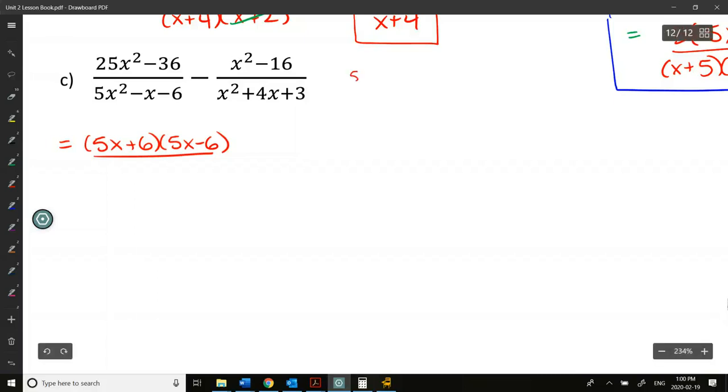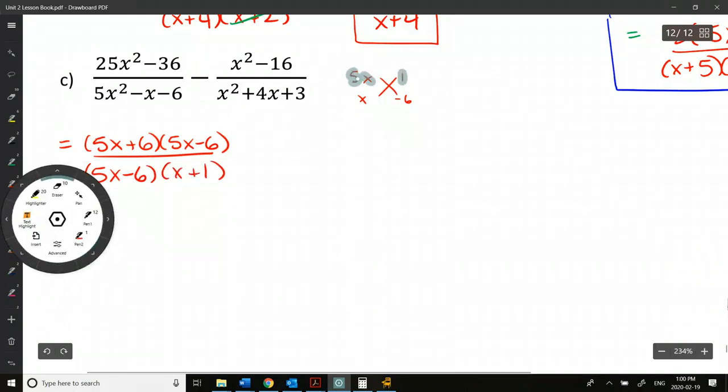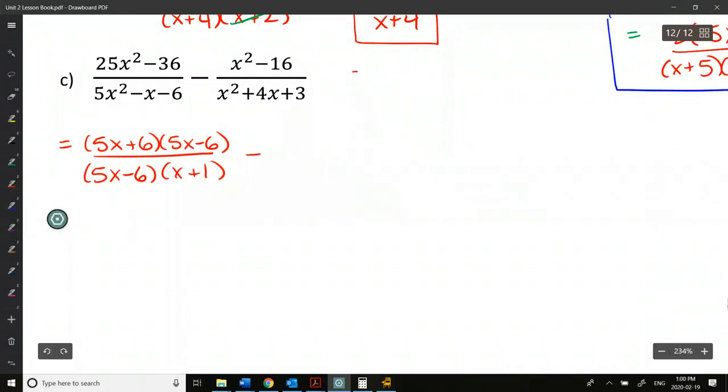I'm not going to show you guys the whole factoring process for this. I'm just going to get it factored. We're going to get 5x minus 6 and x plus 1. Okay, I trust that you can factor a trinomial now.